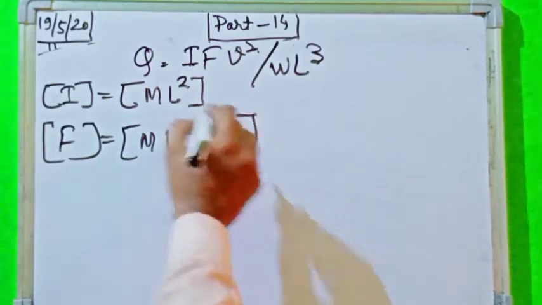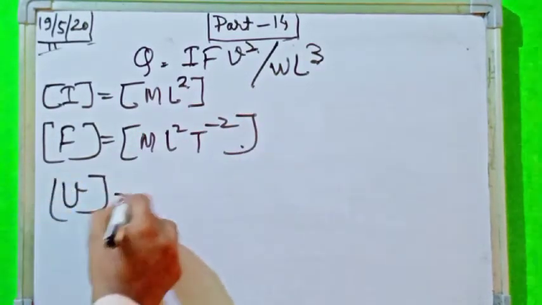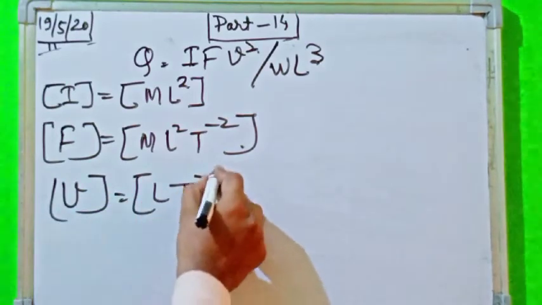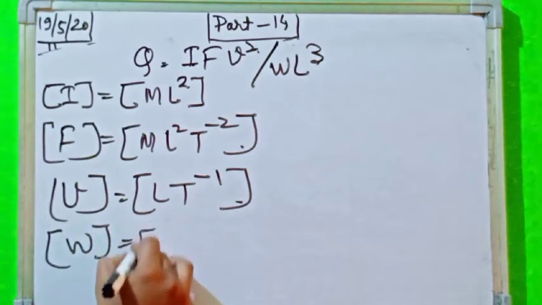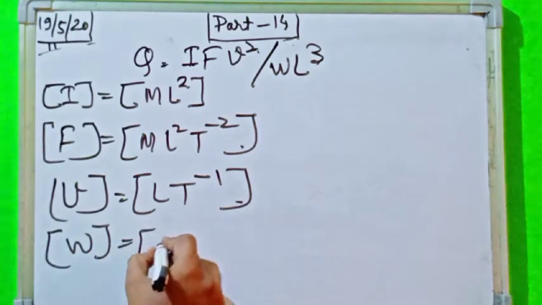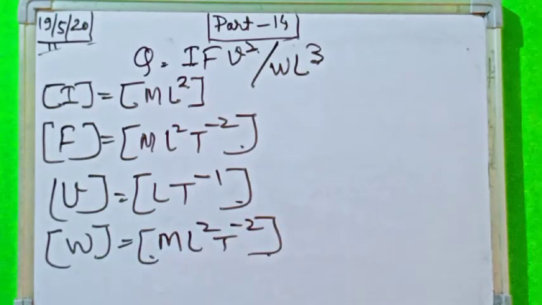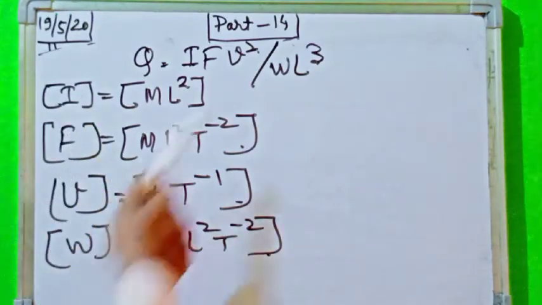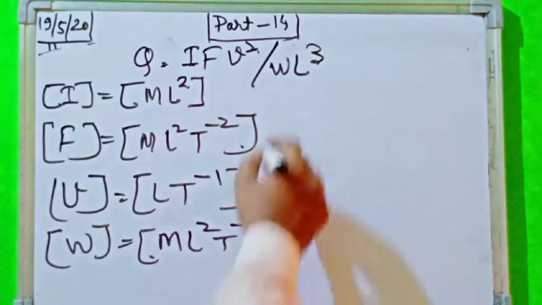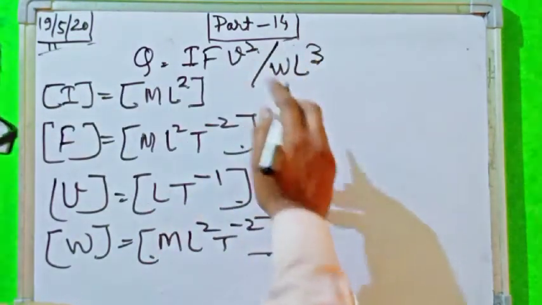Force F is M L T minus 2. Velocity V is equal to L T minus 1. Work done is M L square T minus 2. Clear? Anything remaining? I, F, V, W. Length is length, no need to bother about it. Now what we have to do? We have to put these things in separately.